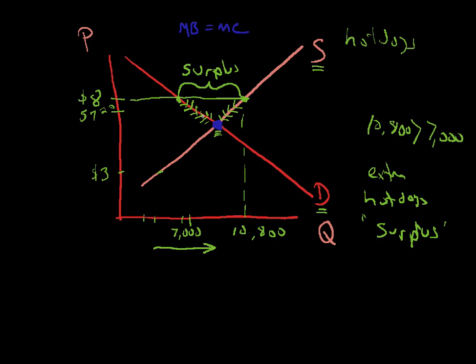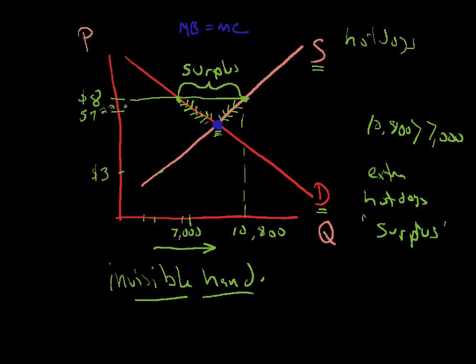Equilibrium. This is the invisible hand. This is why the invisible hand is so important, because nobody has to do anything. Free producers, free consumers in a free market, no government, nobody has to do a thing.